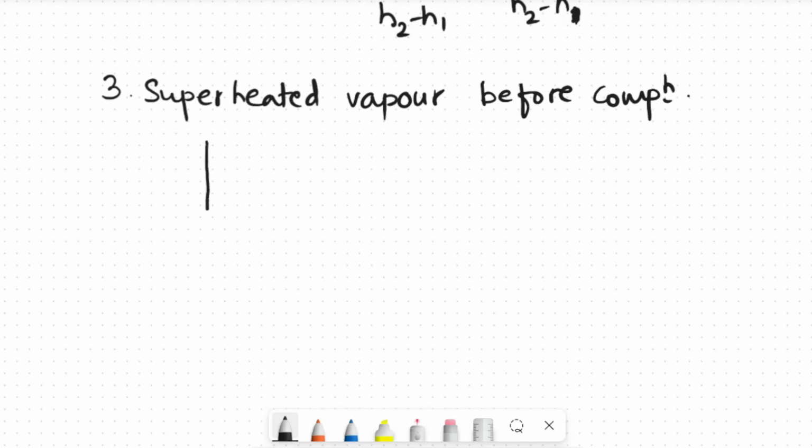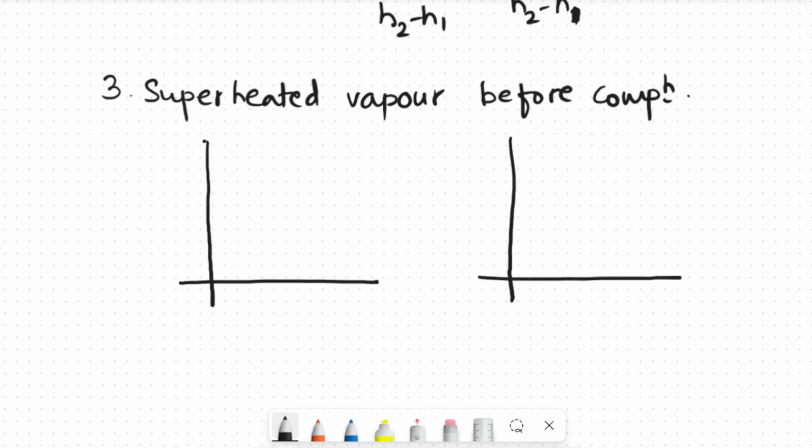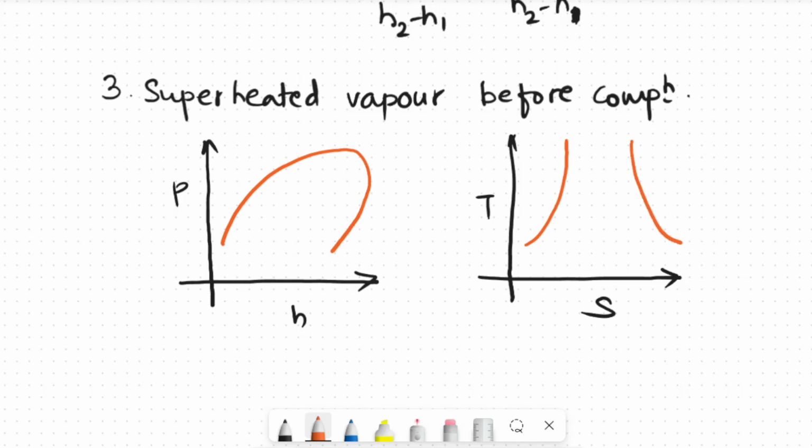Here this is the pH and TS representation. So the vapor is superheated before the process of compression. So point one we are talking about is in the superheated region.